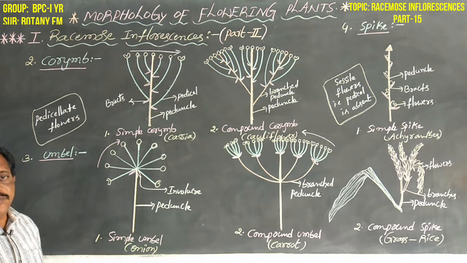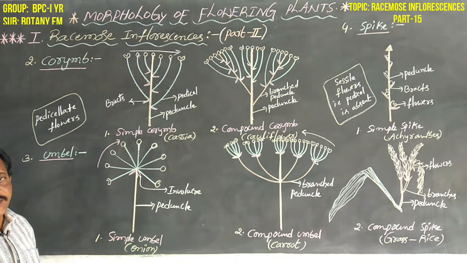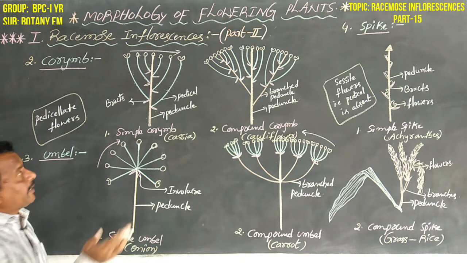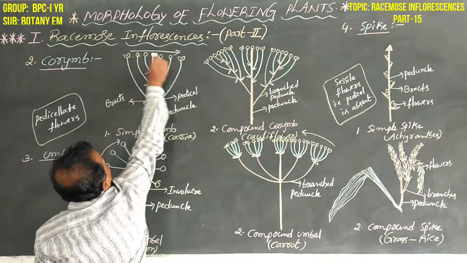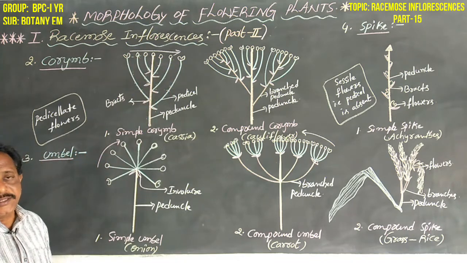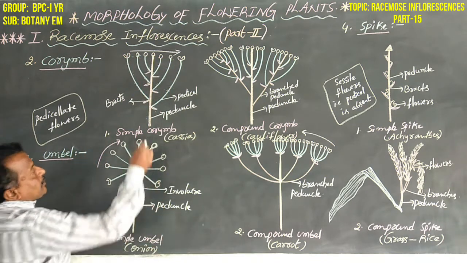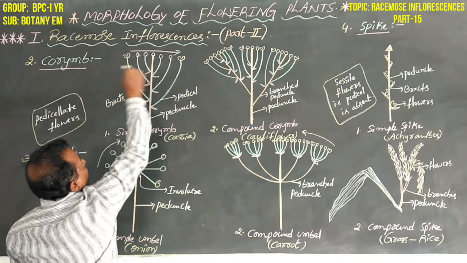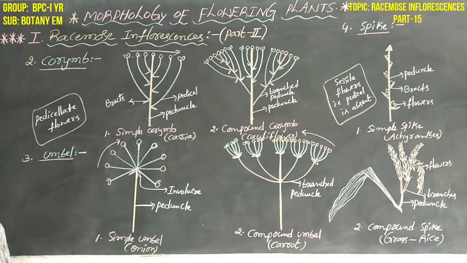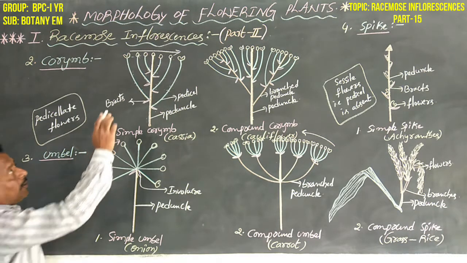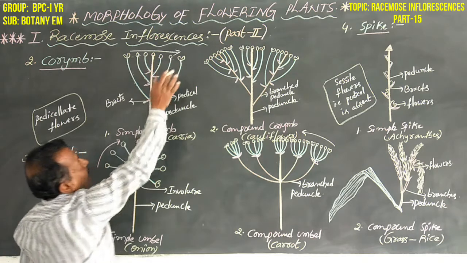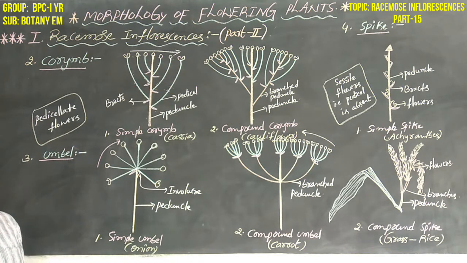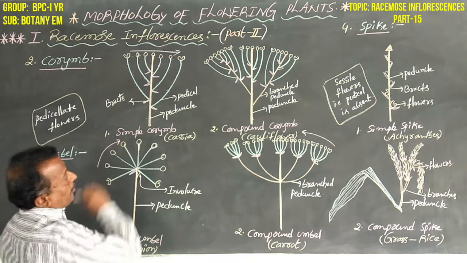So the flowers are brought together more or less at the same height. These pedicels are produced at different nodes, but all flowers are at equal height. Okay, this is a simple corymb.